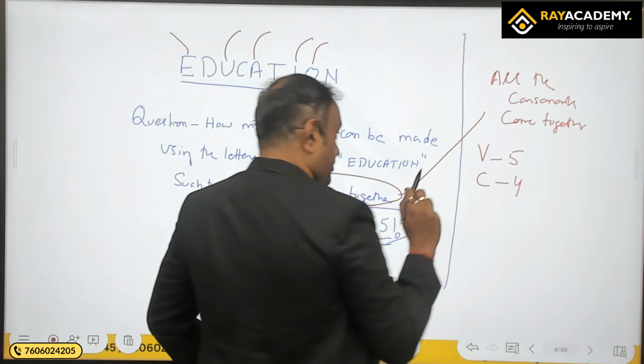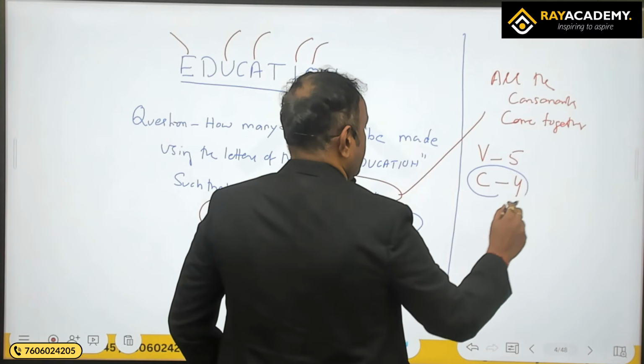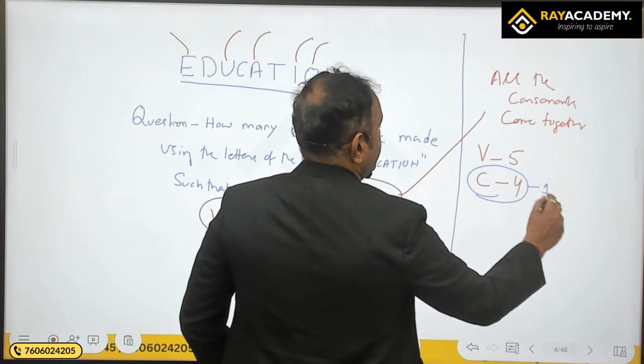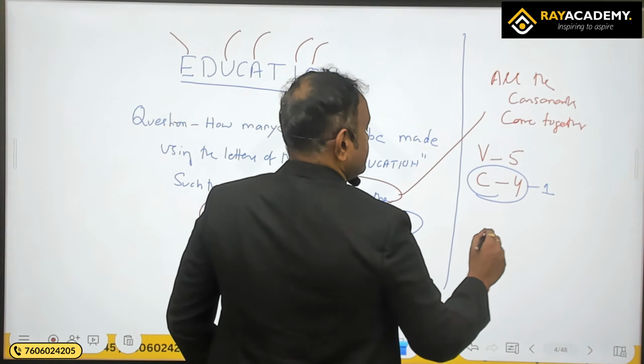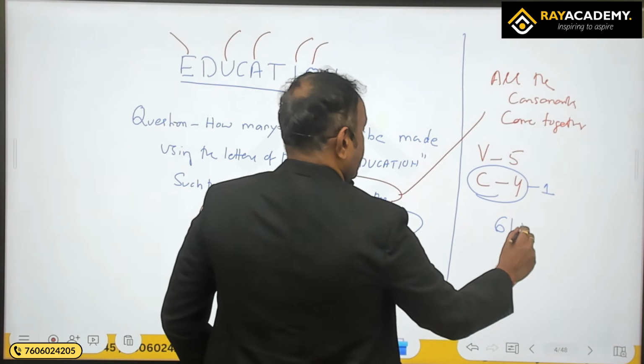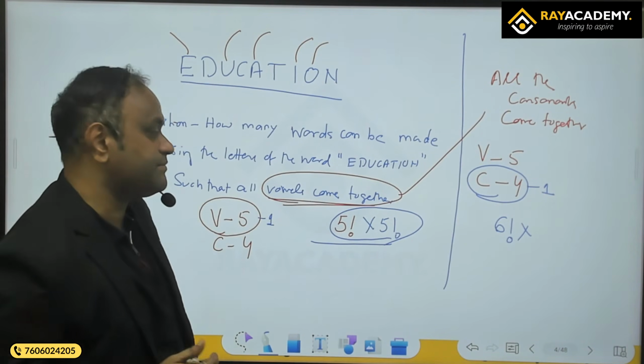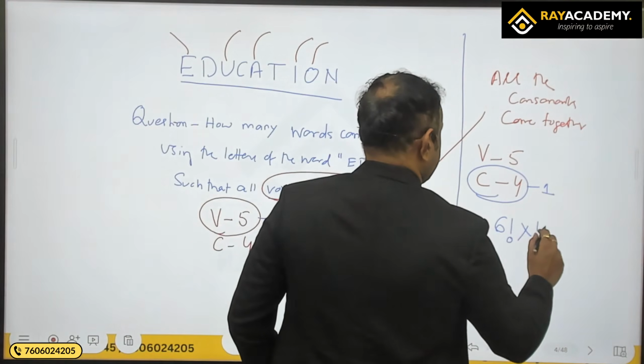So now we will bind the consonants. Consonants bound will be this one, considered as one entity. 5 plus 1, that is 6 entities, which can shuffle in 6 factorial ways. And within this boundary, the four consonants can shuffle among themselves in 4 factorial, so 6 factorial multiplied with 4 factorial.